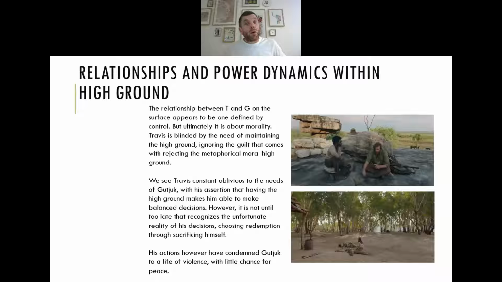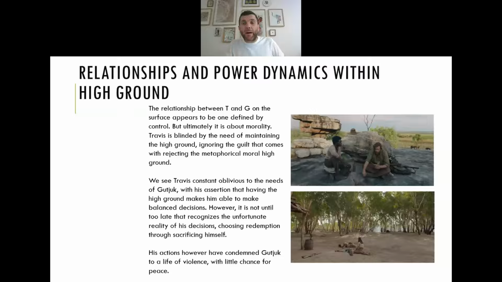So ultimately, the actions that Travis takes, although maybe with the best intentions, are often evidence of him being blinded to the reality that is actually apparent. His actions condemn Gutjuk throughout the film, and we see this at the end. He says to Gutjuk, you need to have the high ground. It's about control, it's about power.